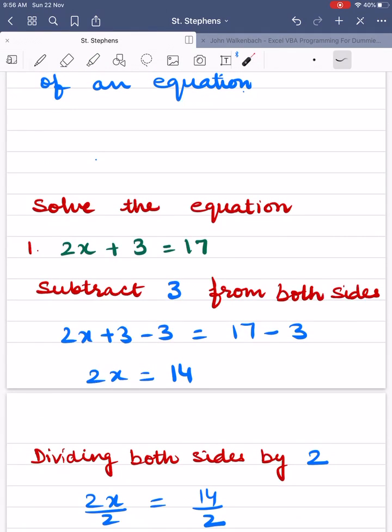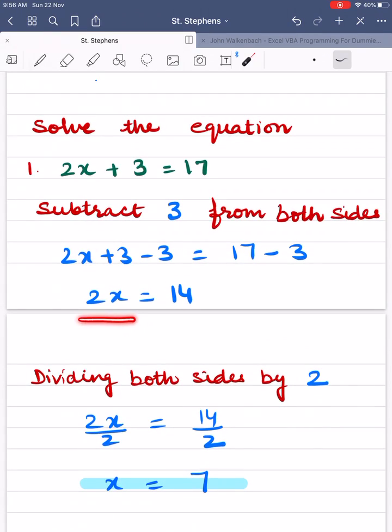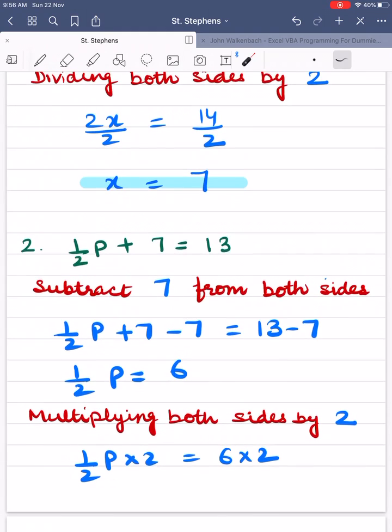Now when we shifted this plus 3 to the right side, plus 3 becomes minus 3. And when we shifted 2 from left hand side to right hand side, it got divided. And here when we shifted plus 7 to other side, it gets subtracted.